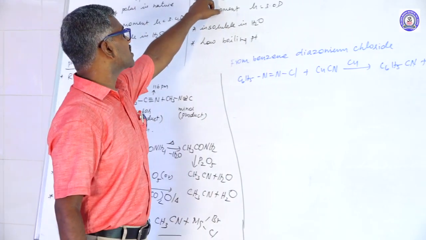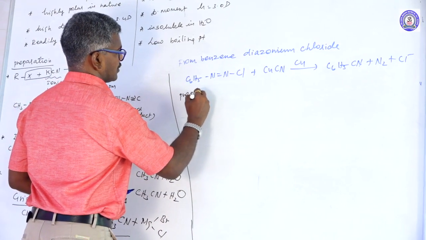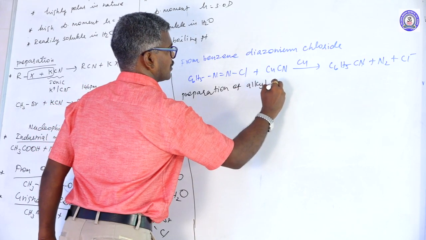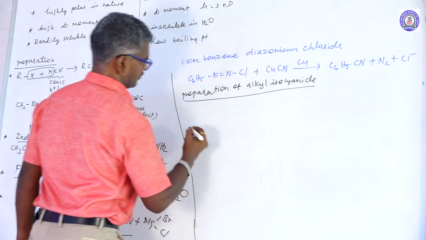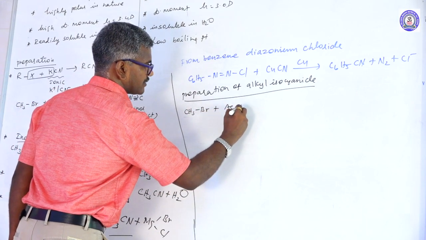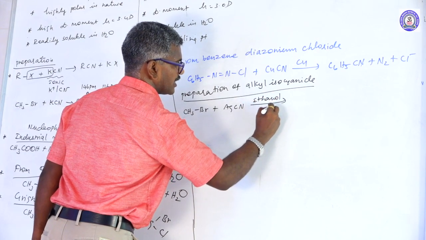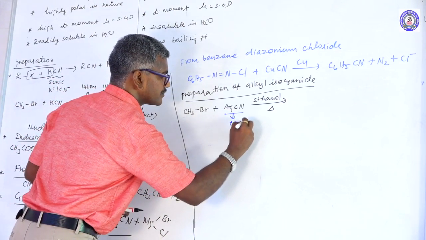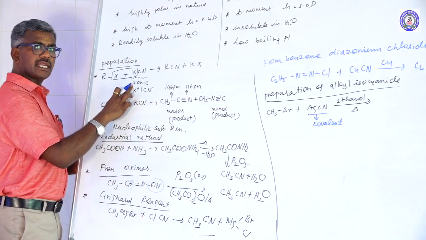Another one is the preparation of alkyl isocyanide. Here CH3Br reacts with AgCN in the presence of alcohol, that is ethanol, with heating. AgCN has a covalent nature, whereas KCN has an ionic nature.